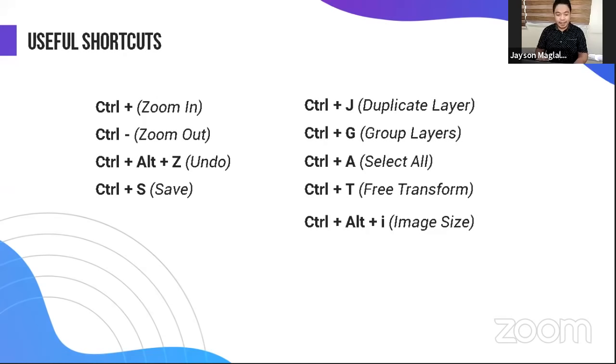We will mostly be using these actions: zoom in, zoom out, of course undo, save, layer actions, selections, and modifying image sizes. So again, you can take screenshots or take note of these useful shortcuts.